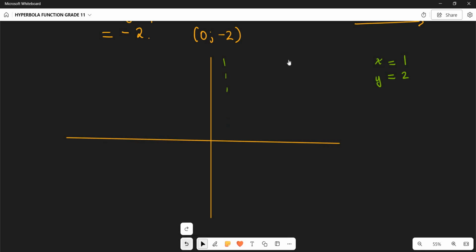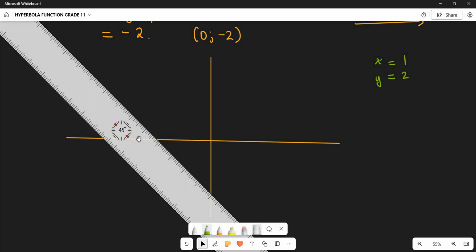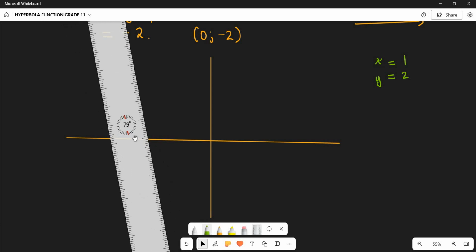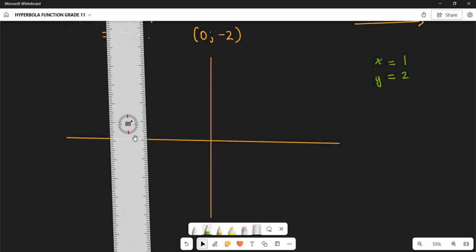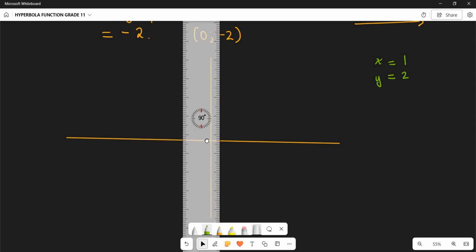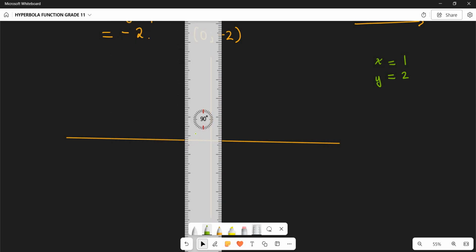Let's see if I can use my ruler here so that it's looking nice now.